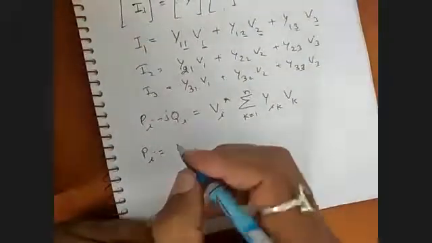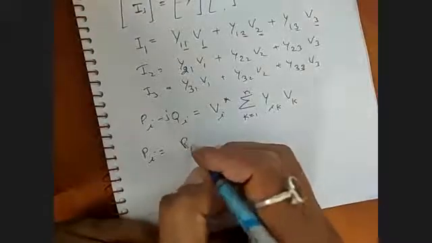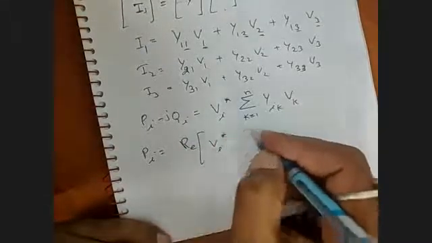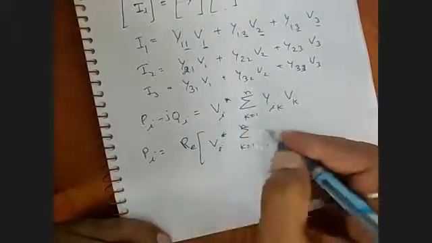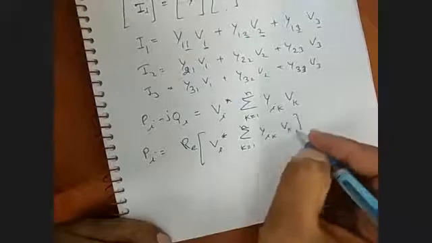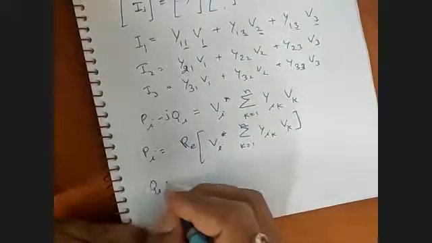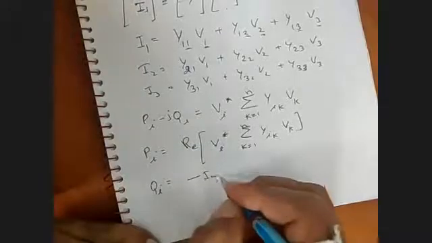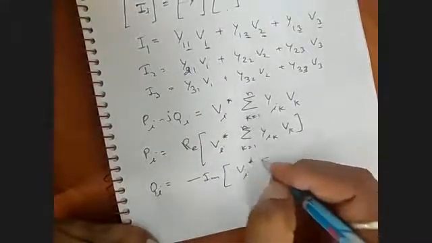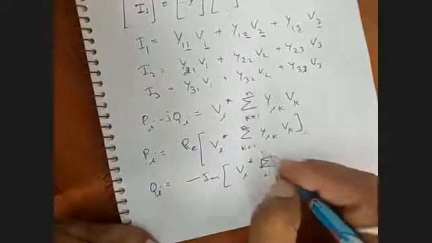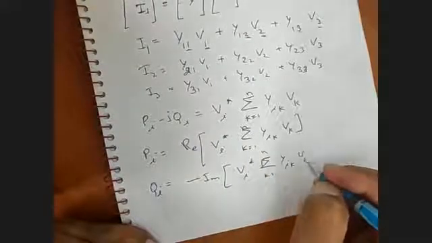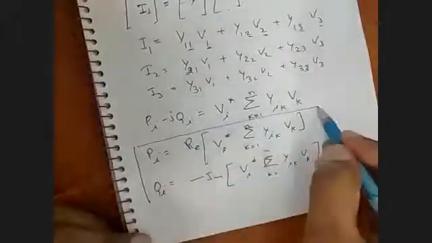So that means Pi equal to real part of Vi star summation k equal to 1 to n Yik Vk, and Qi is negative of imaginary part of Vi star summation k equal to 1 to n Yik Vk. So these are two formulas for active power and reactive power in any power system.